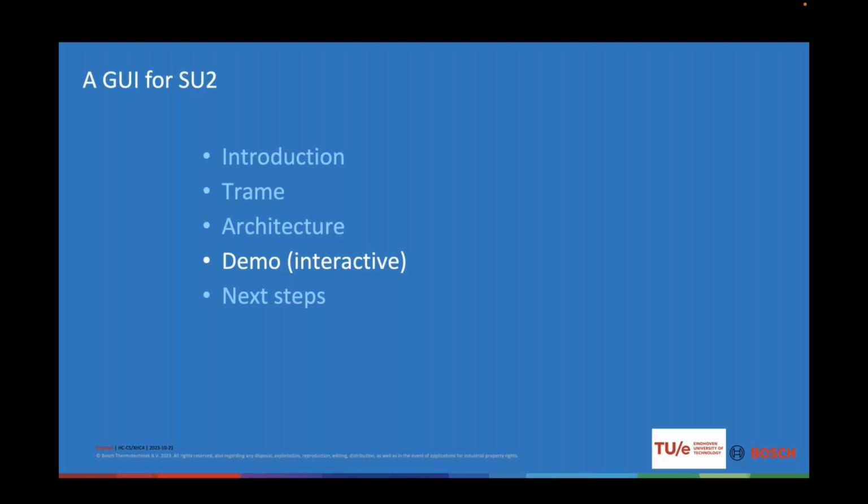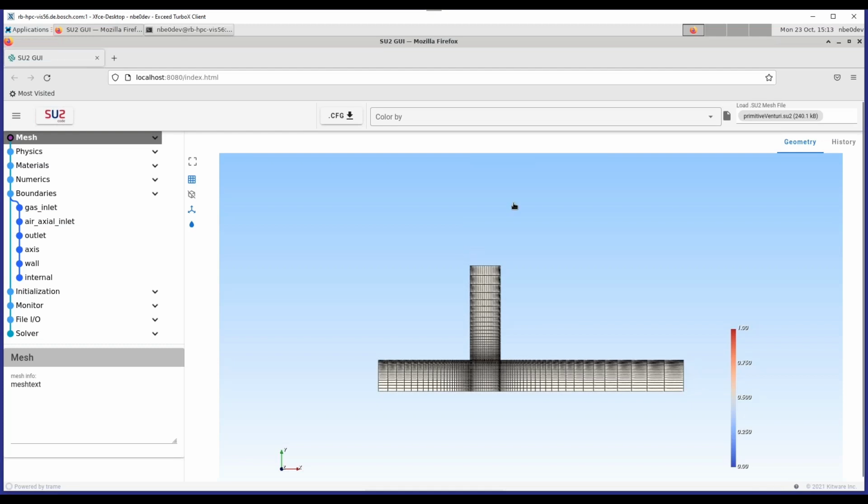Now for the interactive demo, I have to switch to my other laptop. So make presenter, and then you're going to be asked if you can share your screen. All right. Let's make sure we see your screen.